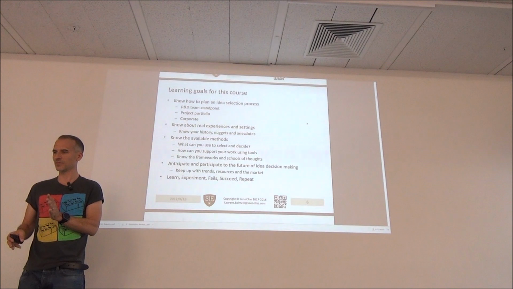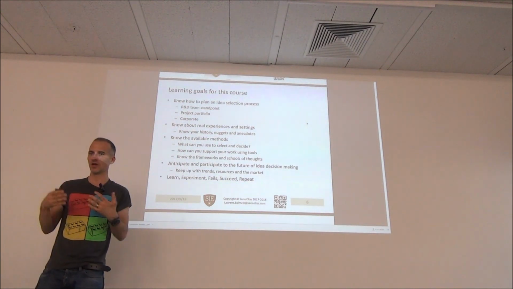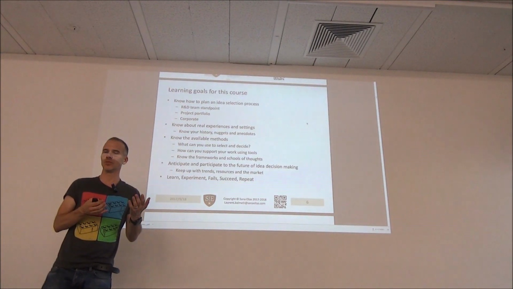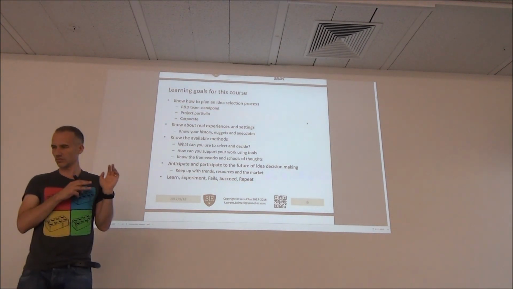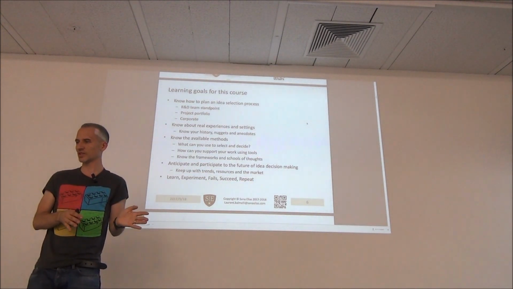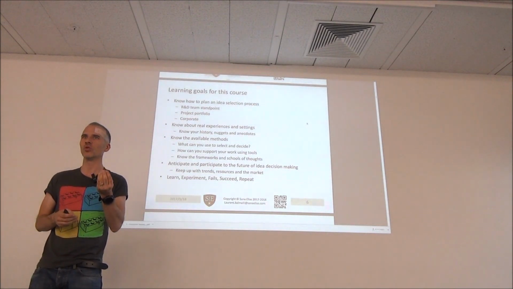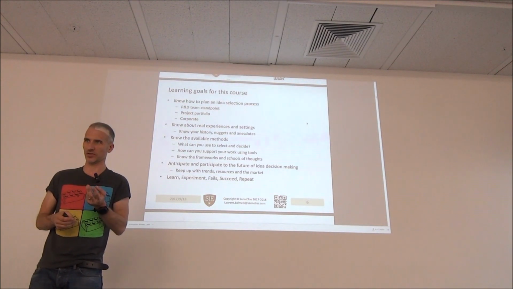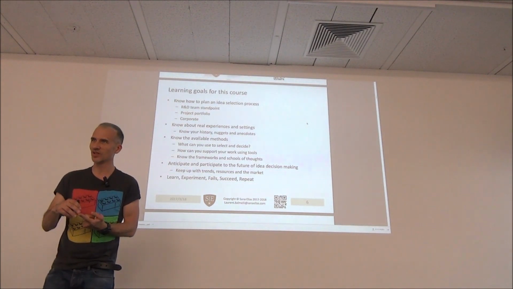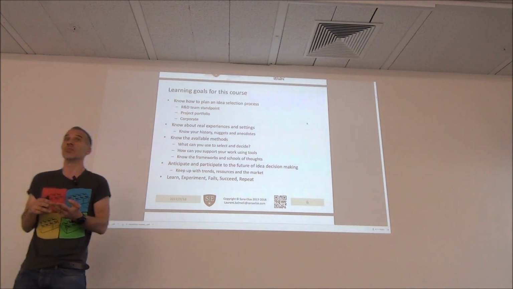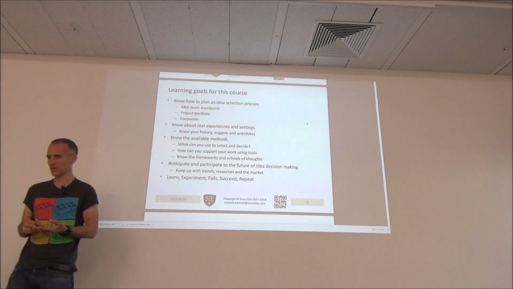And it's a key point, right? Because when you have a lot of people working together, you need to be able to say, how do we select a good idea? So, to put it simply, the goal of this class is how do you know when an idea is good or not? Okay, and good is defined as, is there a market for it? Is there interest? Can you make money with it? So that's the interest here.